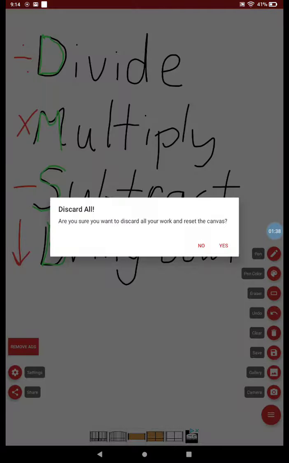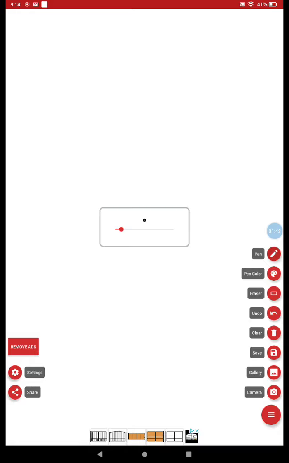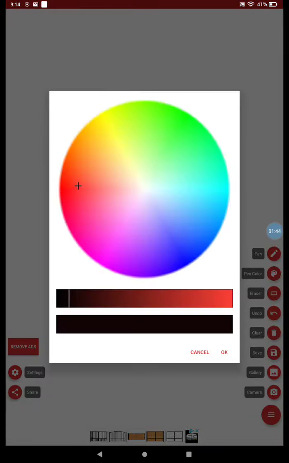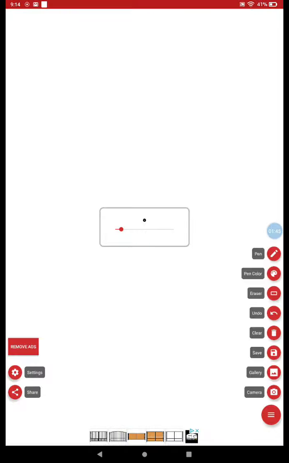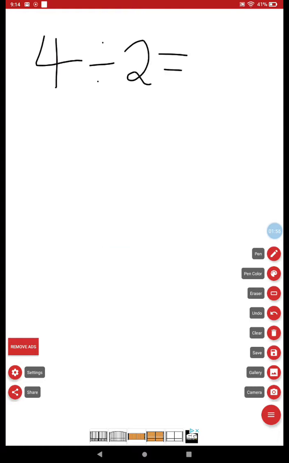All right, let's start with something basic. If I have 4 divided by 2, you're used to seeing it like this. And you might have that memorized in your head. 4 divided by 2 gets you 2.